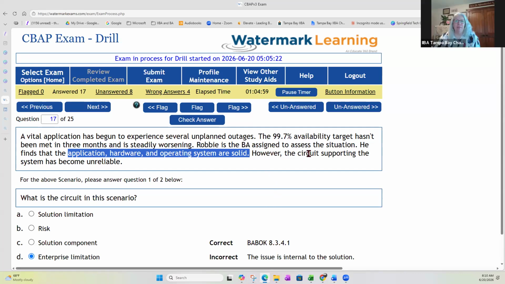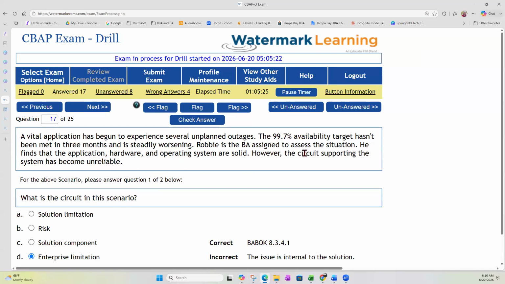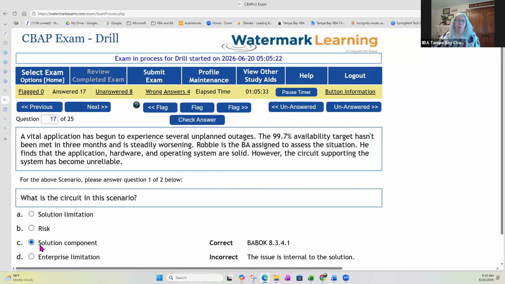If it's like a fuse inside of the hardware, this can all be working just fine, but the fuse is unreliable. It keeps tripping. In my mind, I was thinking this was a circuit like the circuit on the breaker box that feeds the electricity to the hardware. But it isn't. It meant that it's internal to the solution. It's just not well written. And this is totally on them. But that would mean that a solution component is the problem if it's internal to this system.